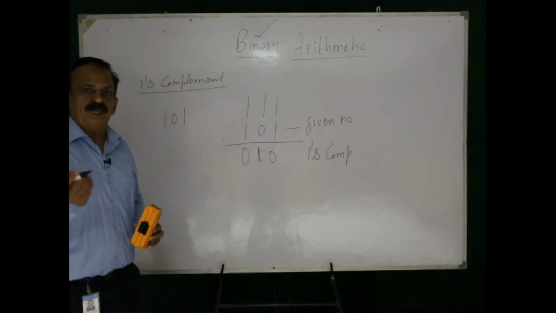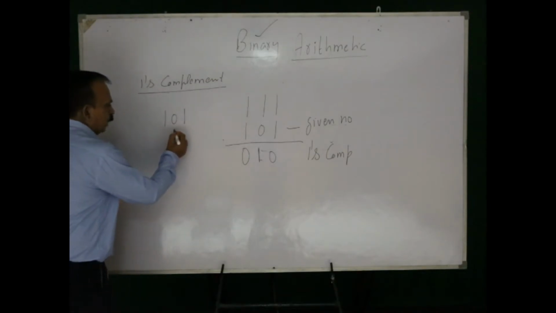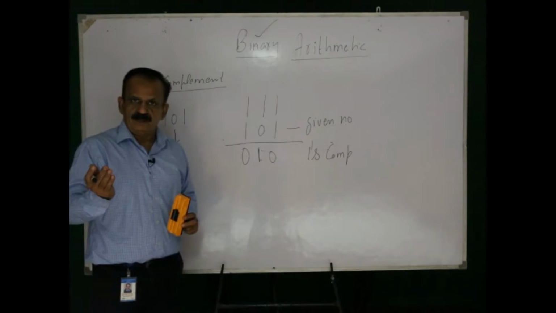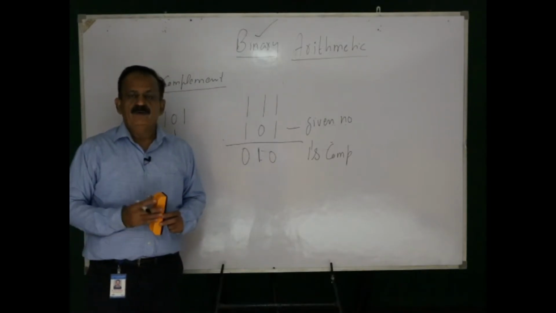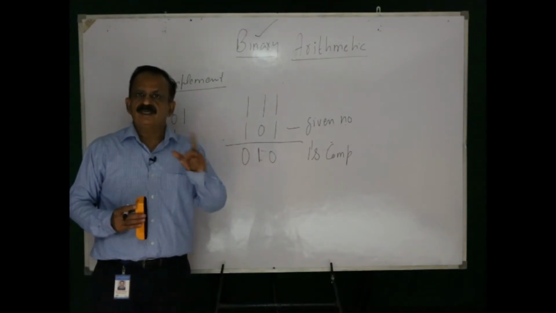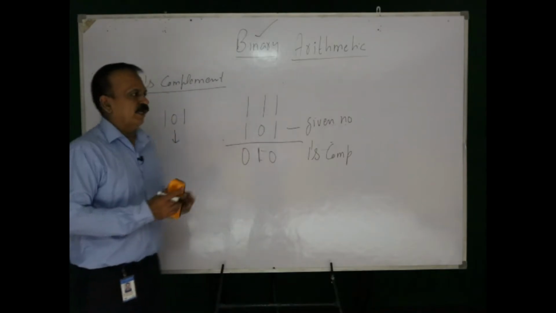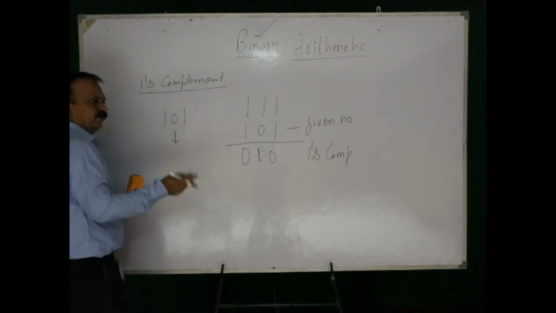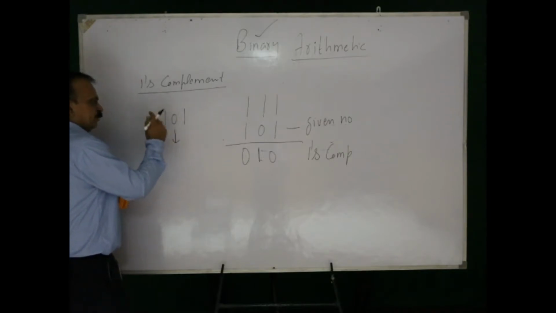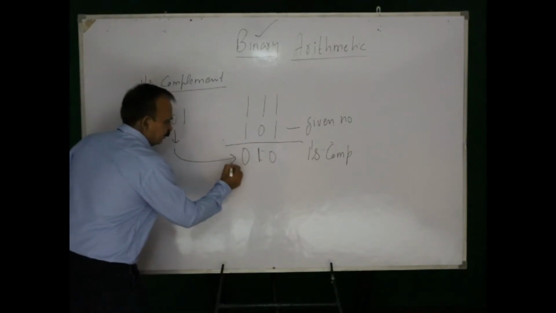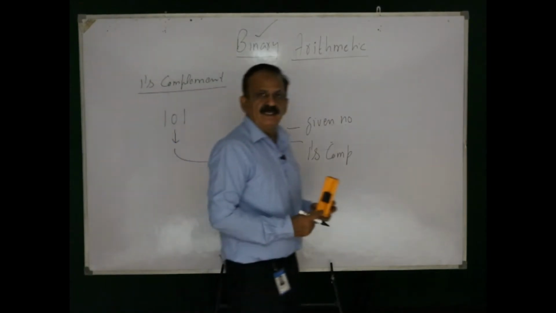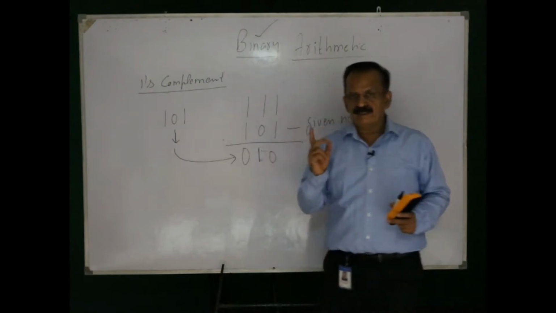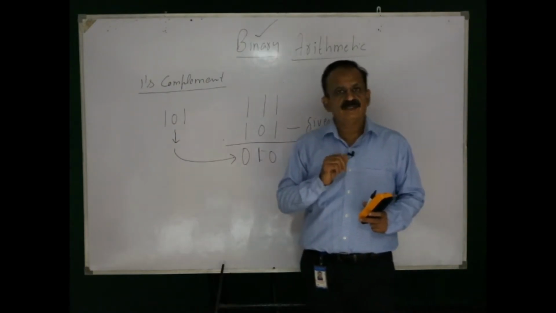There can be another way of finding the ones complement. What? Convert every 1 to 0 and 0 to 1. Wherever it is 1, convert that to 0 and 0 to 1. Like 1, it will be 0, 0, it will be 1, and 1, it will be 0. I hope you will get this number, and that is nothing but the ones complement of the number. So there are two methods by which we can find the ones complement.